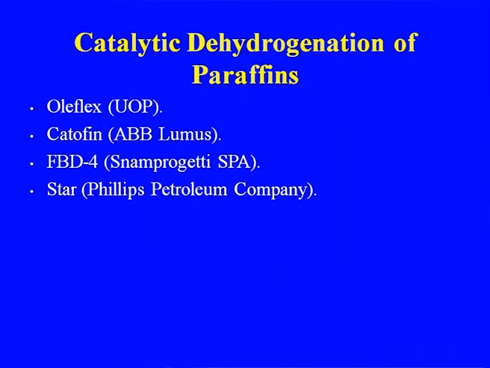These are some of the commercial catalytic dehydrogenation of paraffins processes: Oleflex, Catofin, FBD-4 and the Star Phillips process. These are the major dehydrogenation processes, because here we directly use the propane we are getting from the refinery, where we also make LPG.